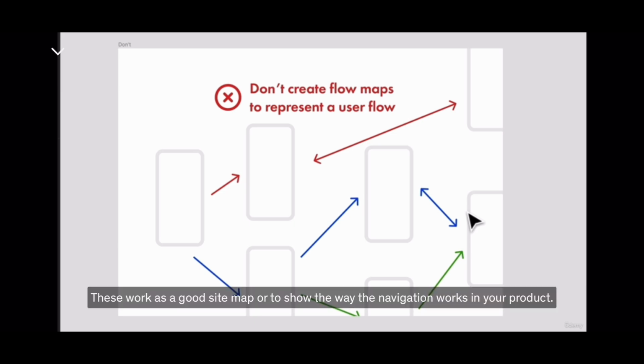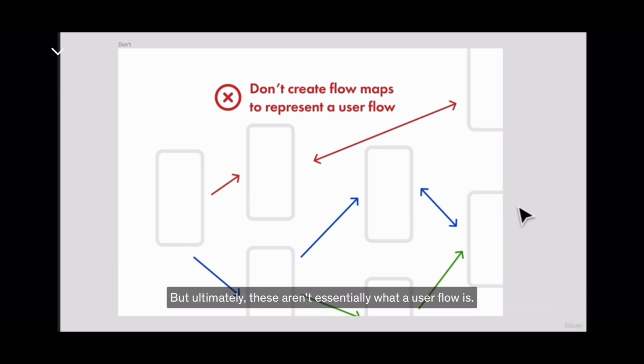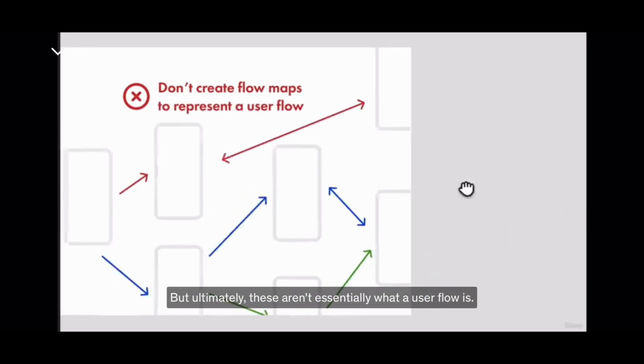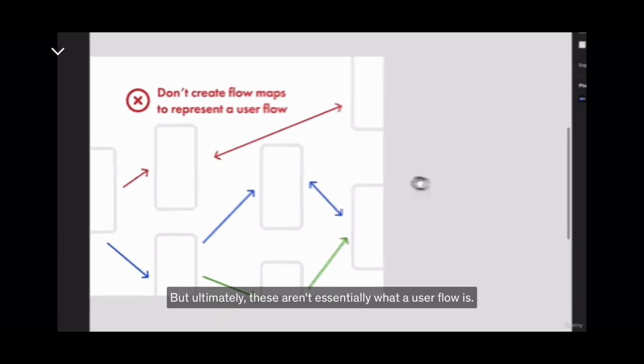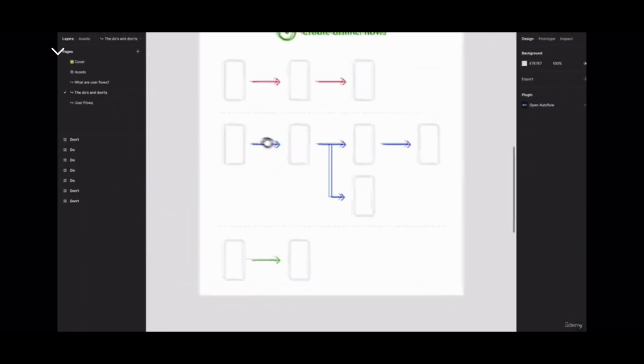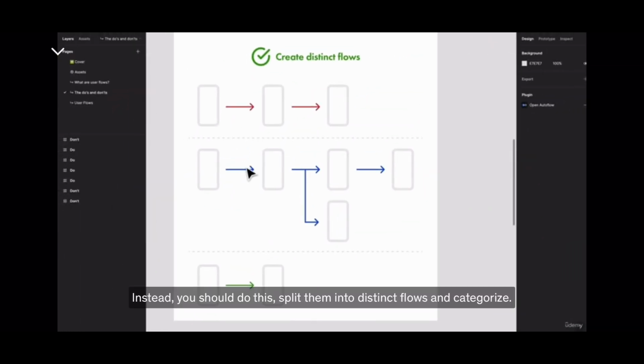These work as a good sitemap or to show the way the navigation works in your product. But ultimately, these aren't what a user flow is. Instead, you should do this. Split them into distinct flows and categorize.